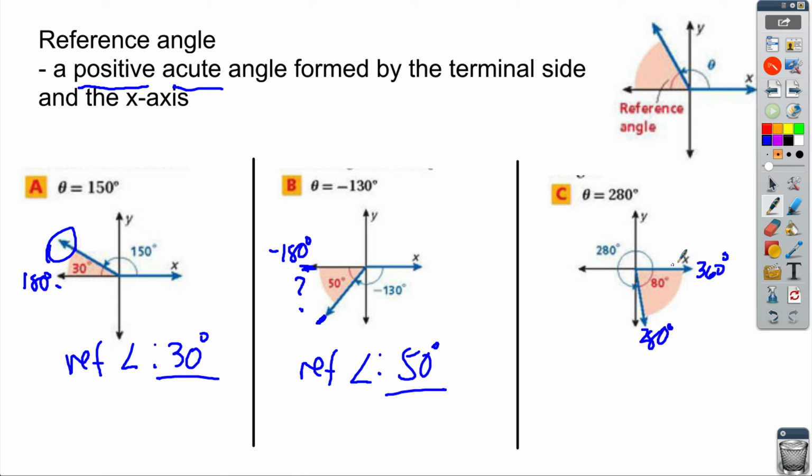Why a rotation? Because right now you're not looking at 180 anymore. You're looking at the x-axis where you're almost completing the rotation at 360 degrees. So the question is, how far away is 280 degrees to reach 360 degrees? And that's how we can come up with the answer that it's actually 80 degrees. It's a reference angle, it's positive, and it's acute.